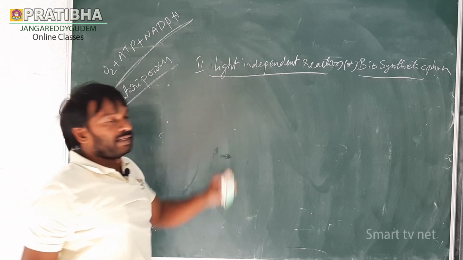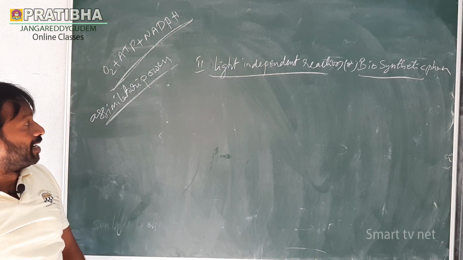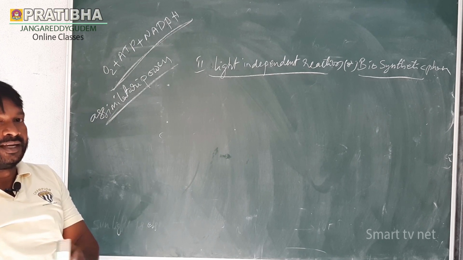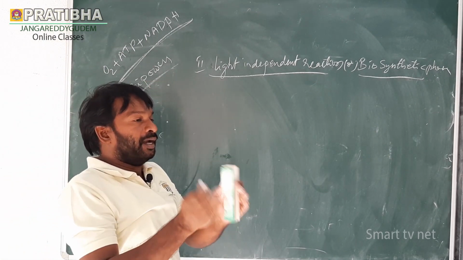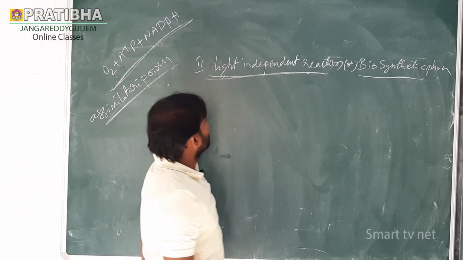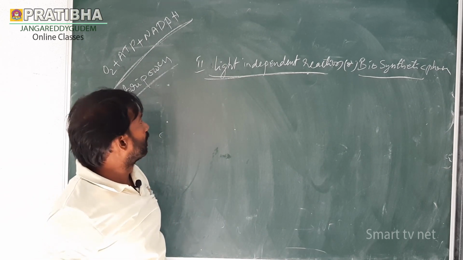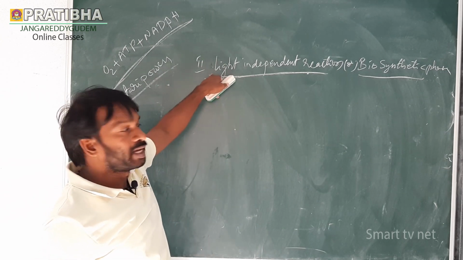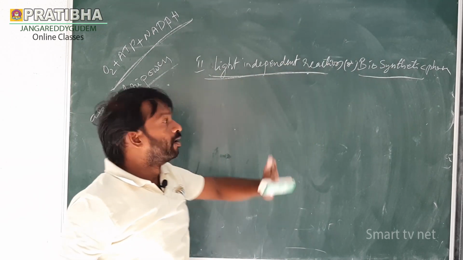Why is it called the light independent reaction? Before, we discussed the light dependent reaction, in which light plays a major role. Those reactions depend on light, but in this second phase the reactions do not depend on light. That is why it is known as the light independent reaction, also called the biosynthetic phase and the dark reaction.